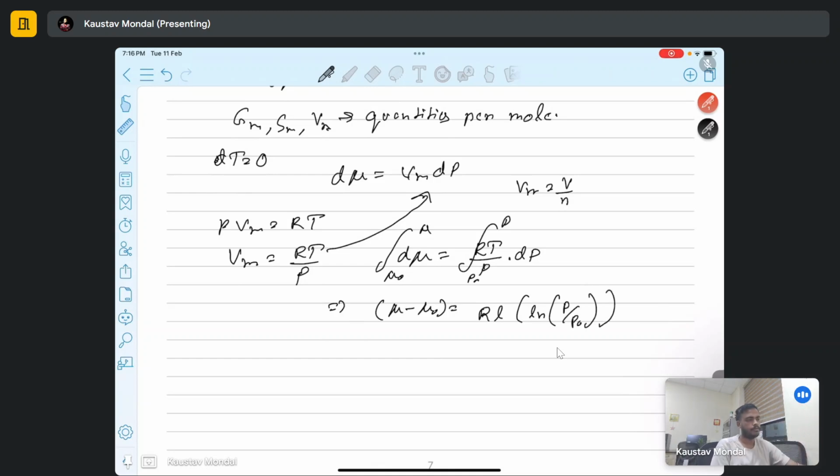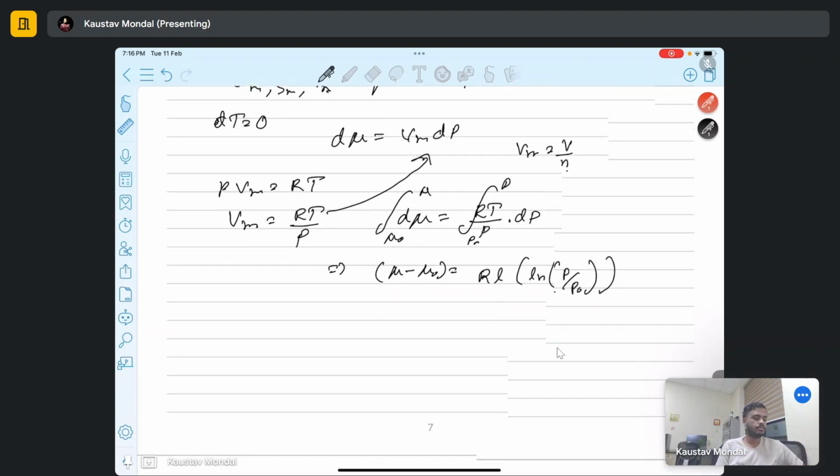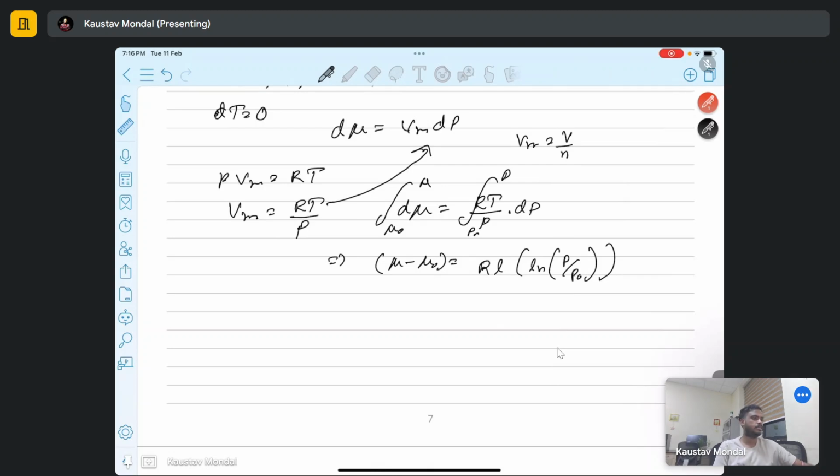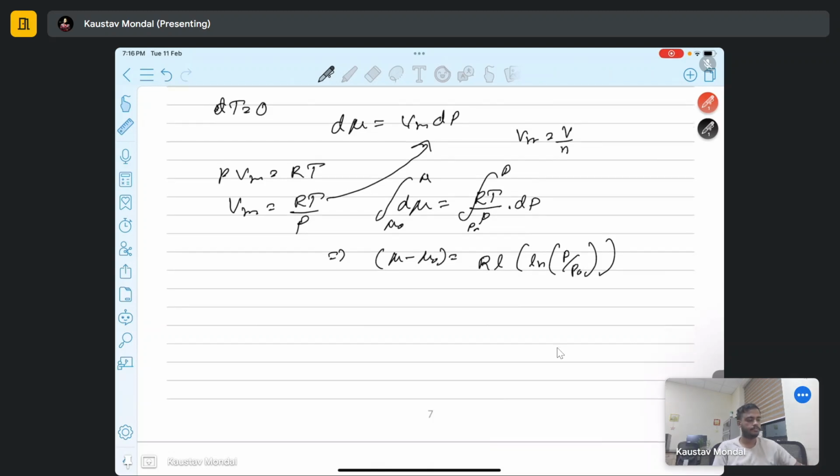You can write minus in log as a division term inside the log, right? So this is it.